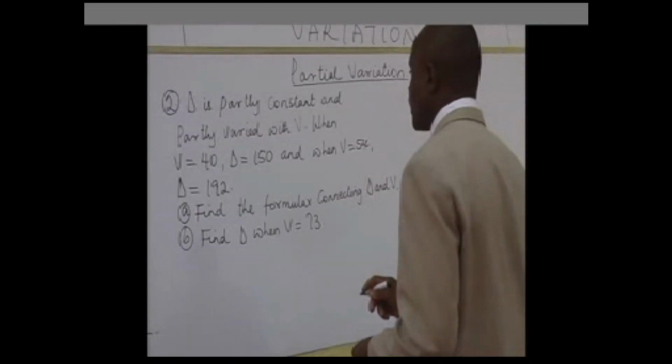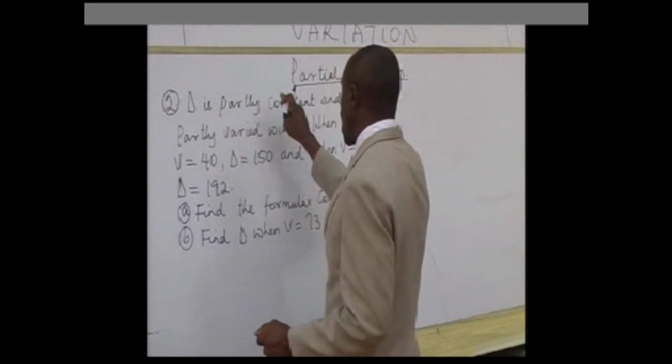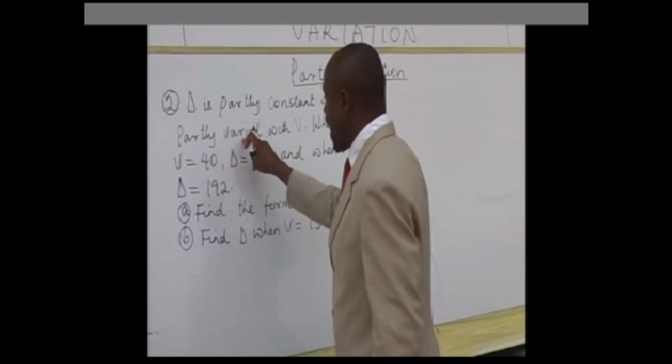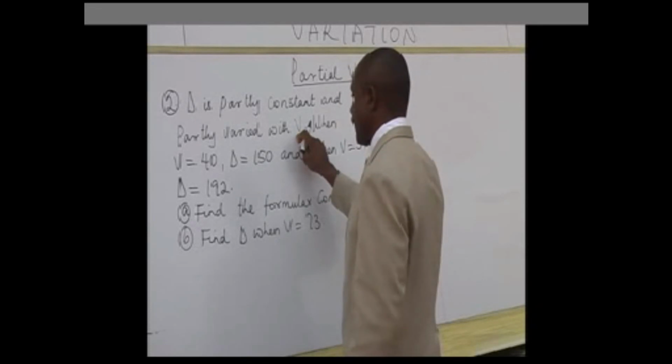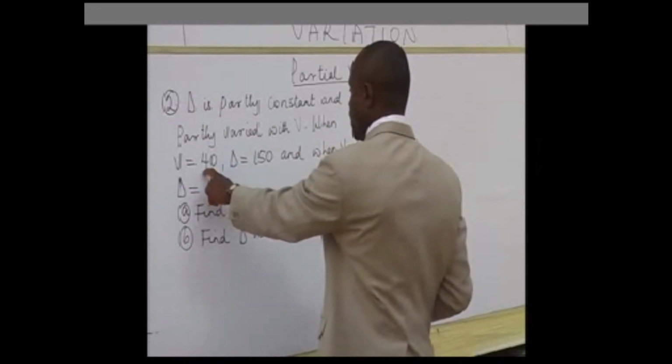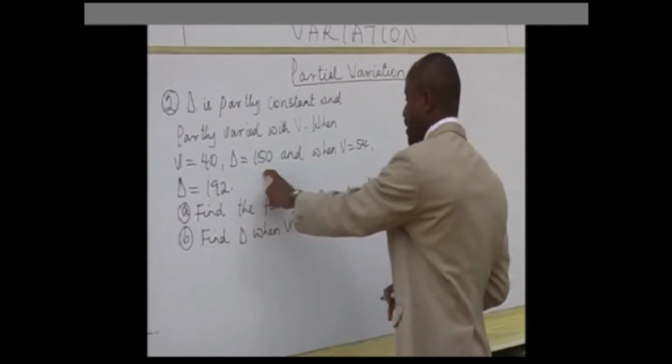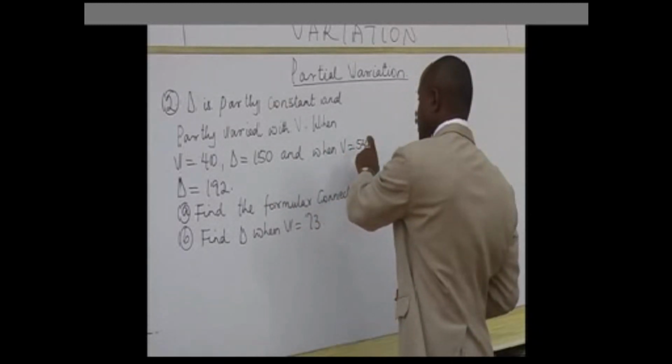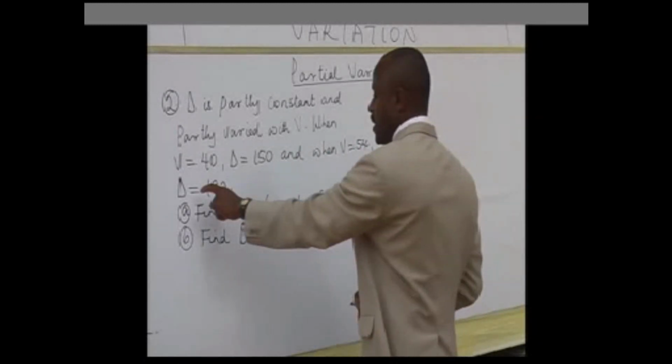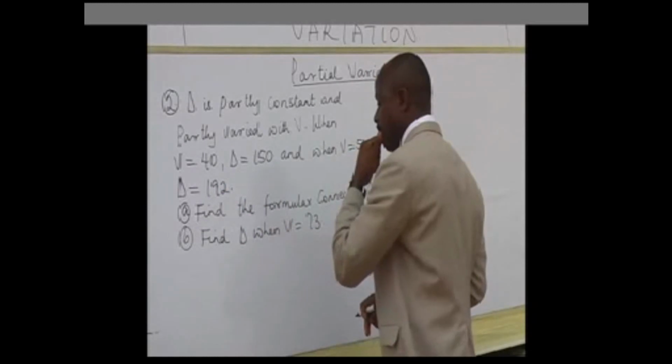The second question says that D is partly constant and partly varied with V. When V is 40, D is 150. And when V is 54, D is 192.